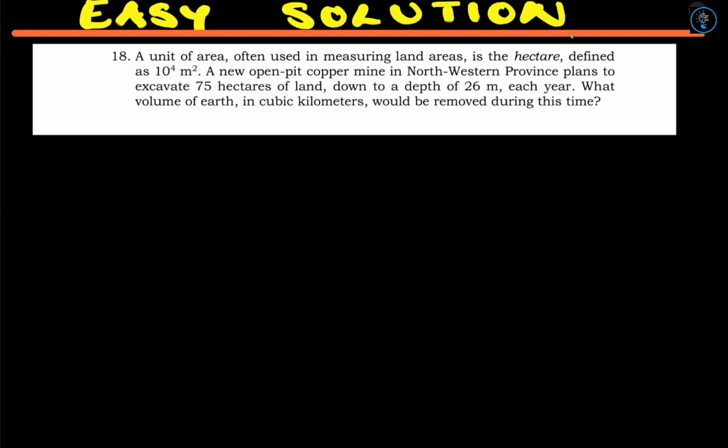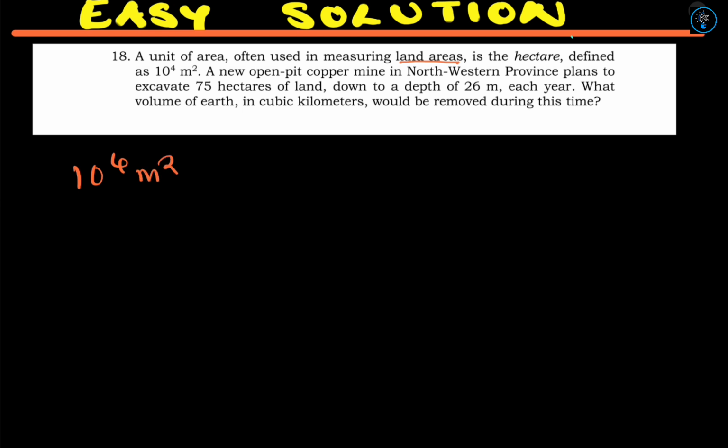Okay, let's handle the last part. Question 18. So question 18 says a unit of area often used in measuring land areas is the hectare, defined as 10 to the power 4 meters squared.